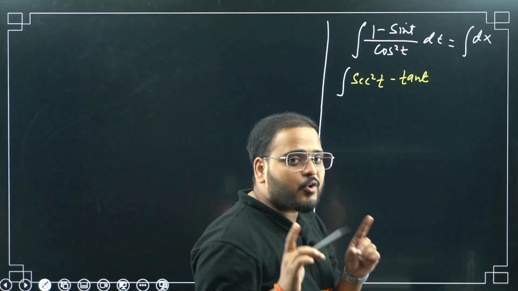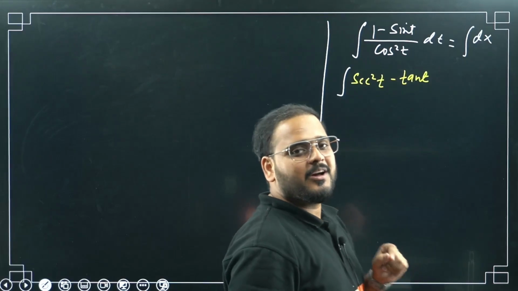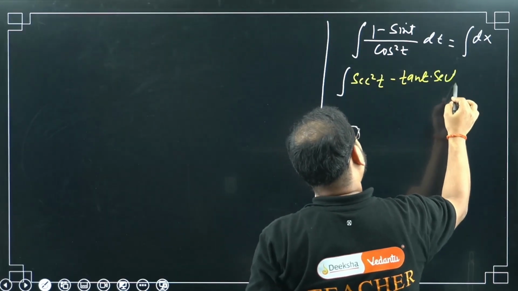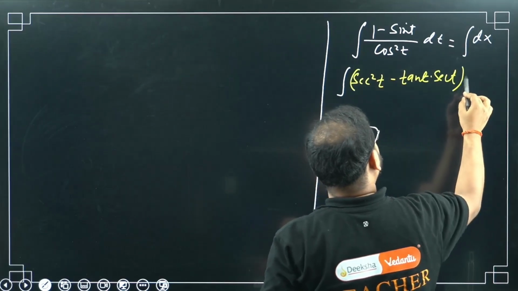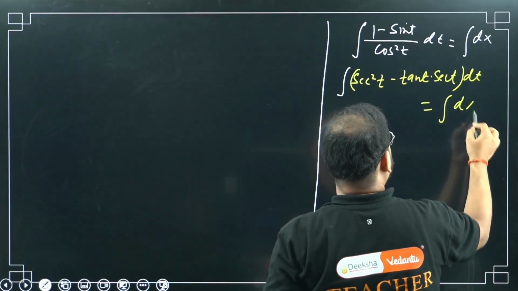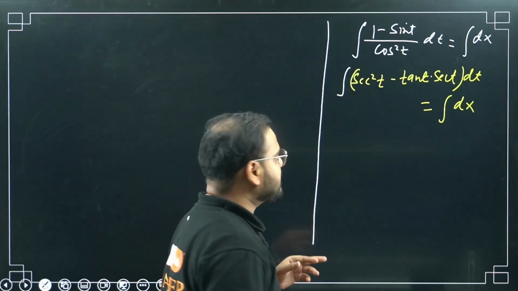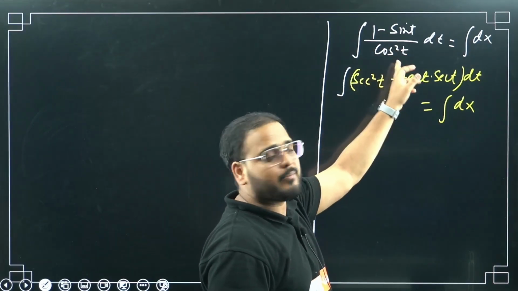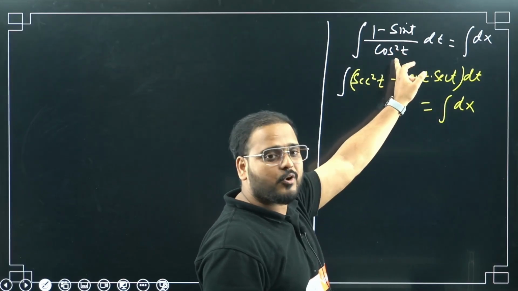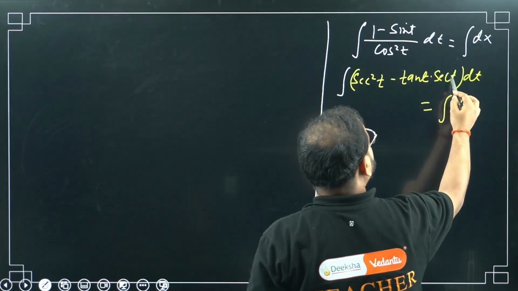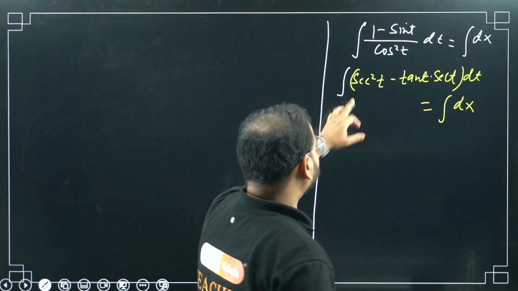I still have 1 cos left in the denominator, that will become 1 by cos, so sec t, whole thing with dt equals integral of dx. Now the question is done. Can you see that? Sec square t because 1 upon cos square, and sin by cos will become tan. Another cos is there because of cos square, so you get 1 by cos, which is sec t. Now, integration of sec square is what?